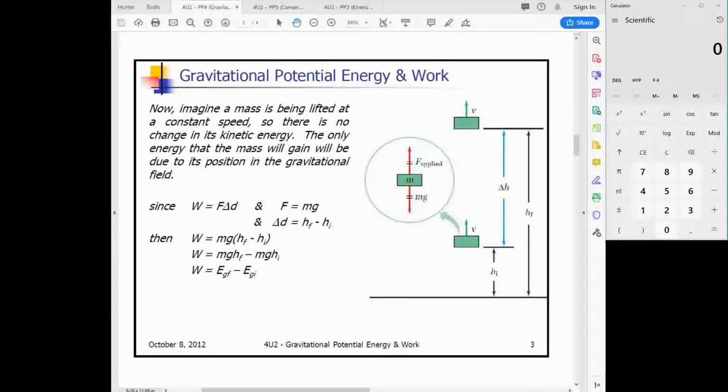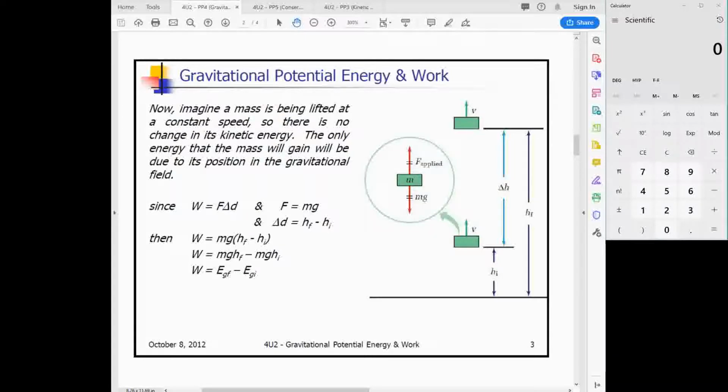So since work equals force times the displacement, and F equals m times g, and displacement is basically the difference between the final height and the initial height, then we can rewrite this equation as W equals, replace the F with an mg, and replace the delta d with h_f minus h_i, and we're left with mgh_f minus mgh_i.